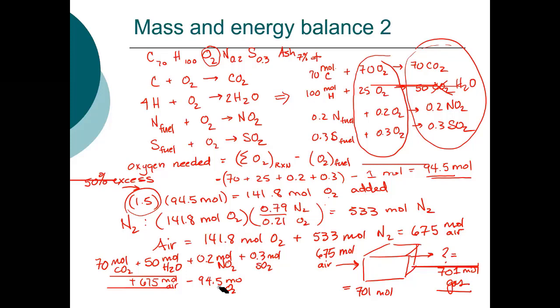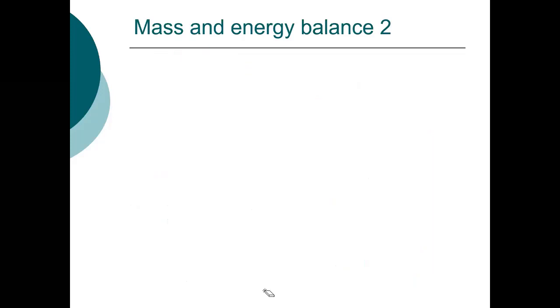So now to get the concentrations of these pollutants, remembering we have 701 moles of gas we're producing. We can look at CO2. We produced 70 moles divided by 701 moles. So we have 0.1 or 10%.